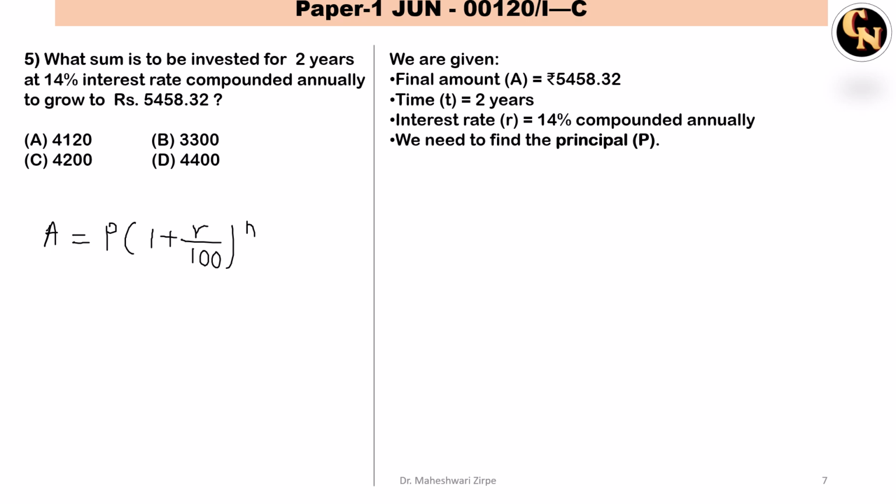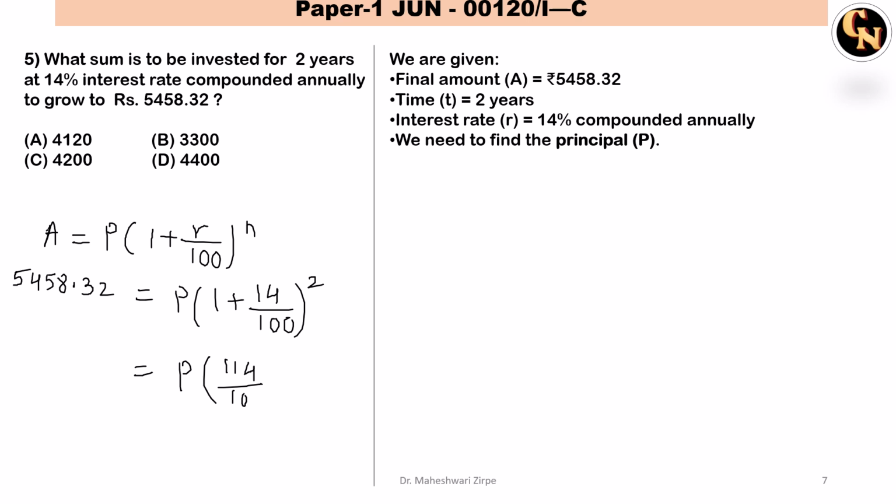Amount is given as 5458.32, which is equal to P into bracket 1 plus rate of interest 14 upon 100 raised to N is 2. That is, time is 2 years. Okay. So let us simplify it. Simply it will be, cross multiply, 100 plus 14 is 114 upon 100 raised to 2.